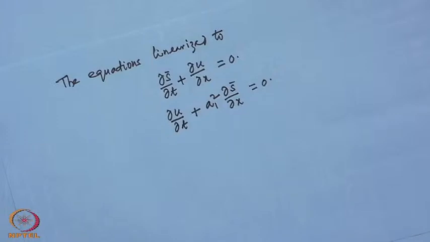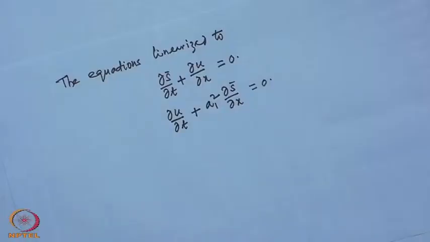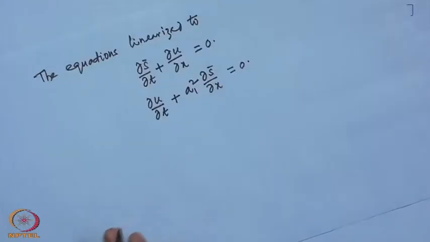These equations are known as acoustic equations, because of very small disturbances or sound waves, that is the sound waves produce a very small disturbance, a situation like this, and hence the equations are called acoustic equations.